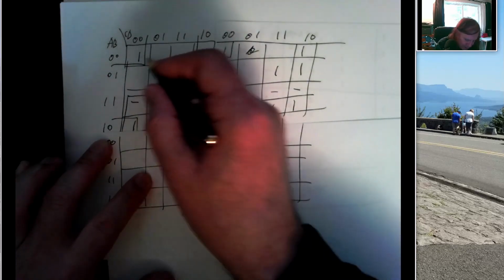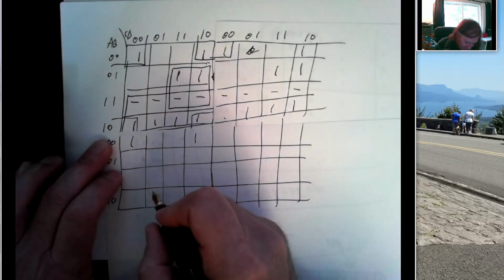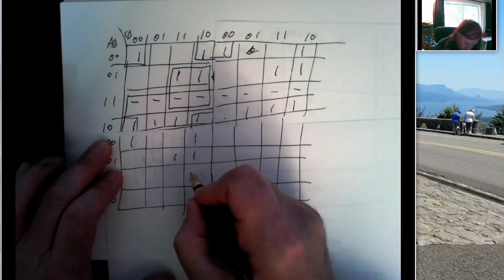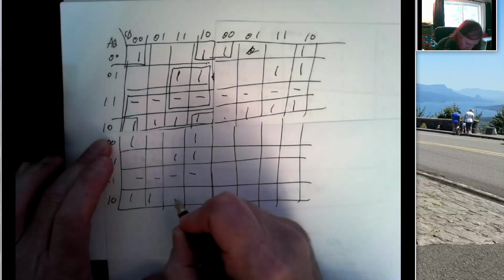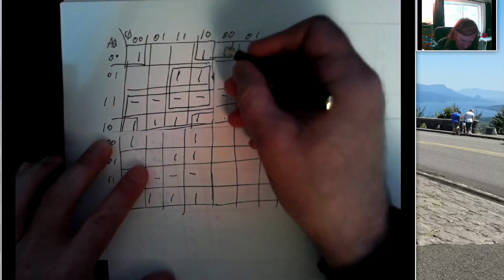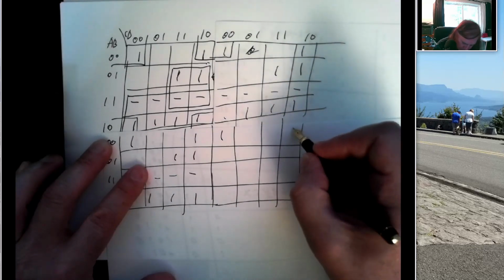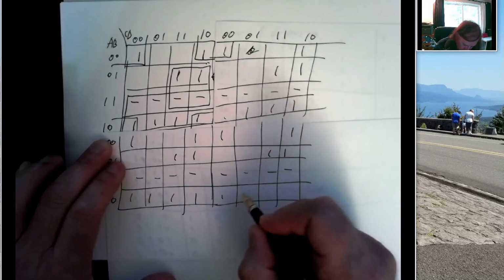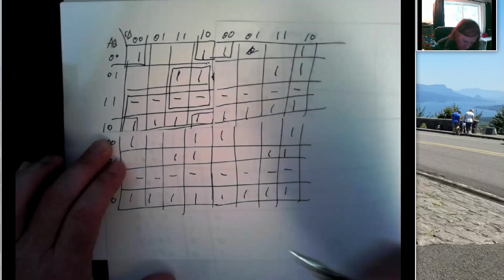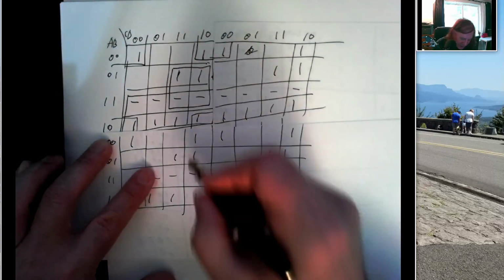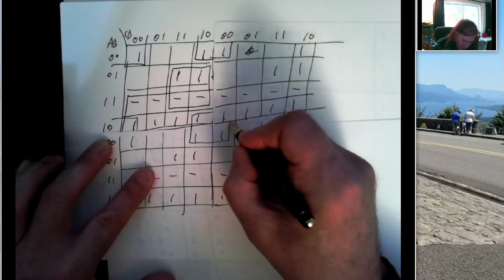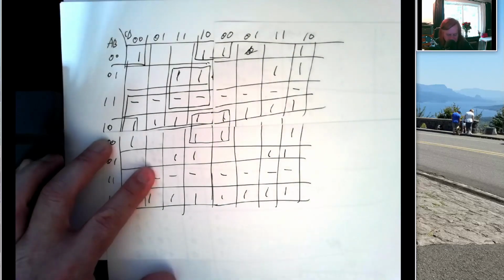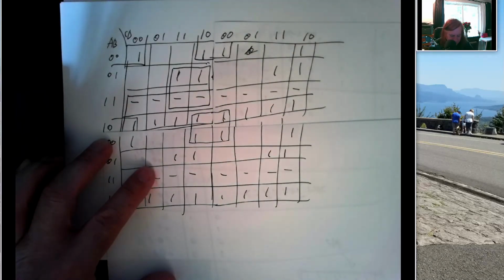Well, we can reproduce this K-map down here. And reproduce this one. And now it immediately jumps out to us, hey, we've got a 2x2 rectangle we can use to cover those ones right there.